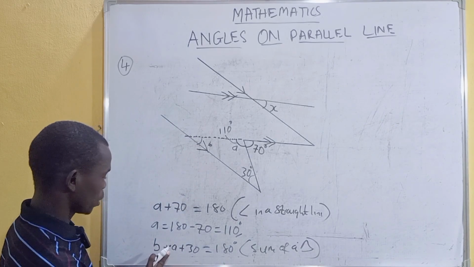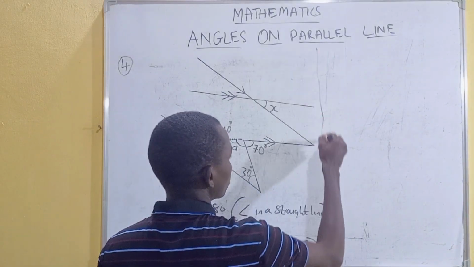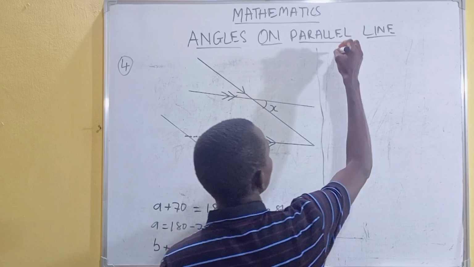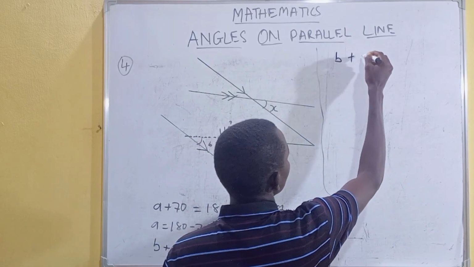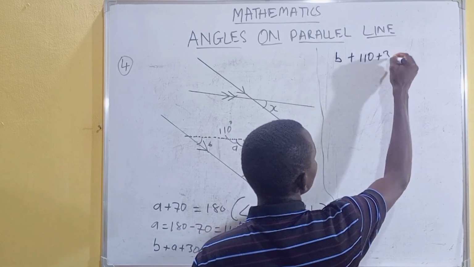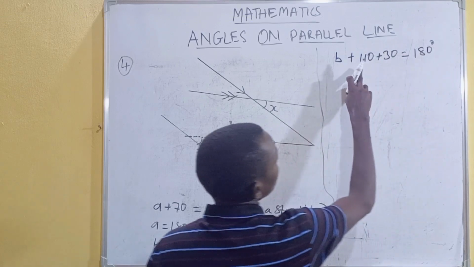And we know that A is equal to 110. B plus A, which is 110, plus 30 is equal to 180 degrees.